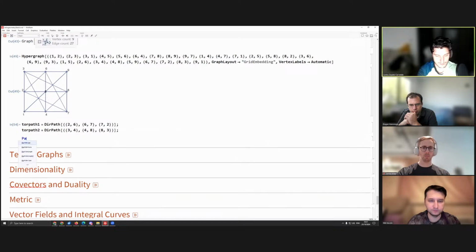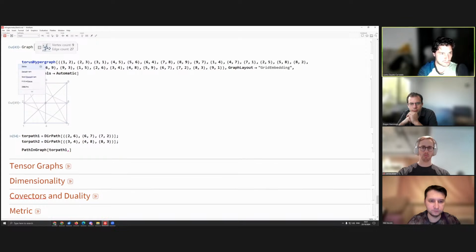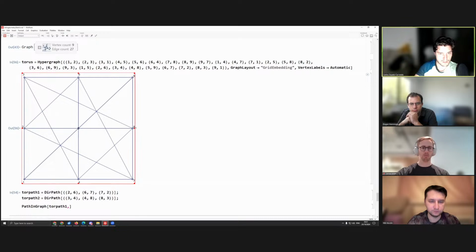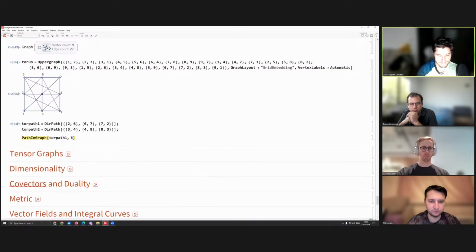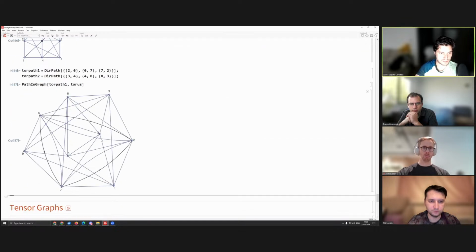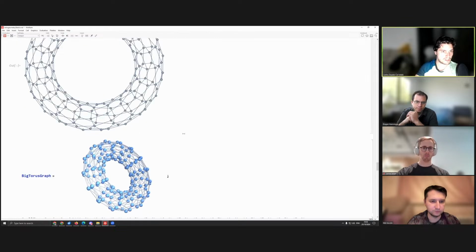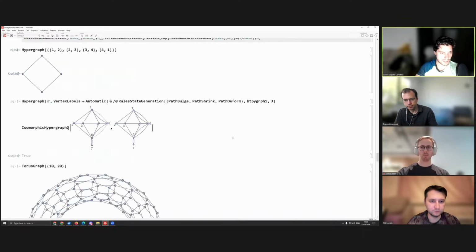And so path and graph, right there. Messed up the embedding. Interesting. That's my function. Well, I'll just make it again.